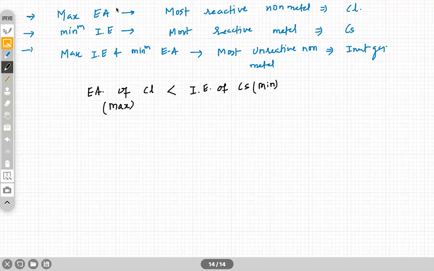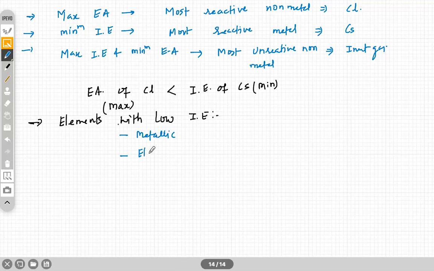So what we can write here, you see, the elements with low ionization energy, what we can say, they are metallic in nature, because metallic property is nothing but tendency to lose electron, and when they lose electron, they are electropositive also.